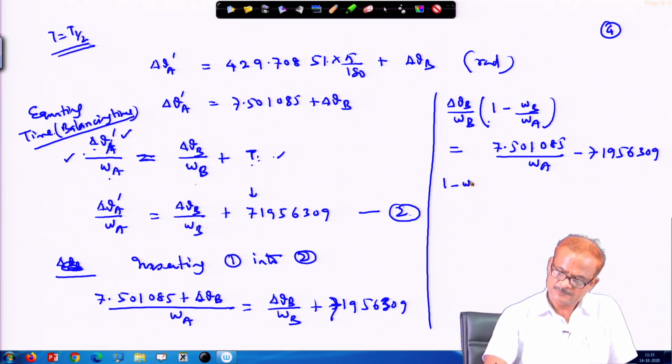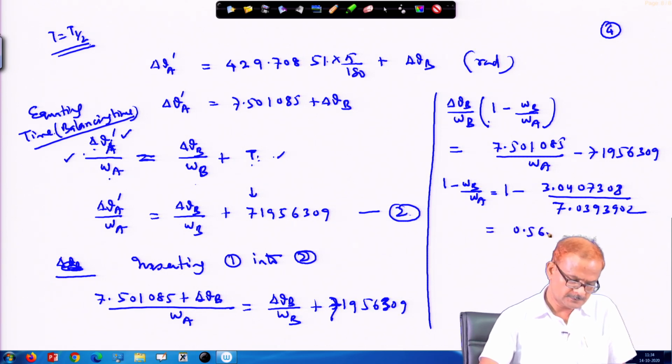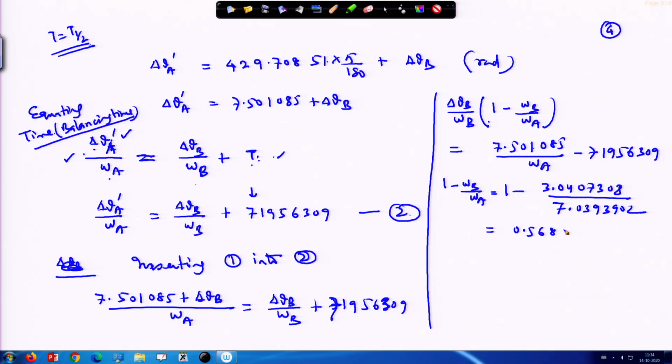Now, 1 minus omega b by omega a is equal to 1 minus 3.50407308 divided by 7.0393902. This quantity, okay, and therefore, from here we get delta theta b by omega b.